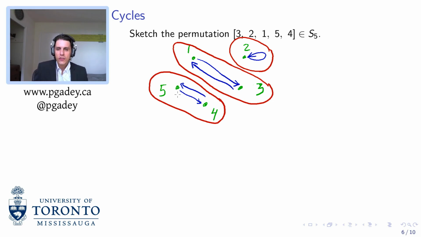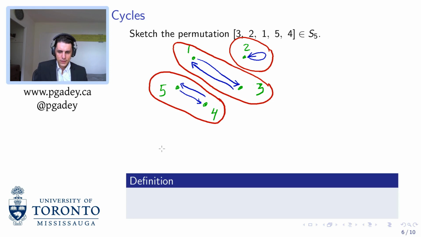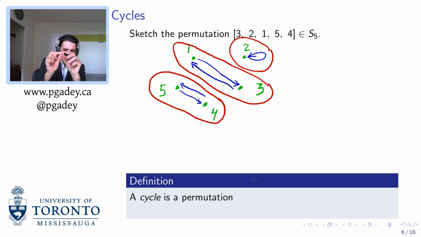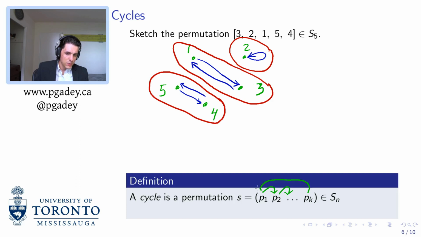So we're going to introduce a definition to capture this notion. A cycle is a permutation that has each element get sent to the next one. So now we write this with round brackets, and we say that this permutation maps P1 to P2, P2 to P3, and ultimately maps Pk to P1, right?